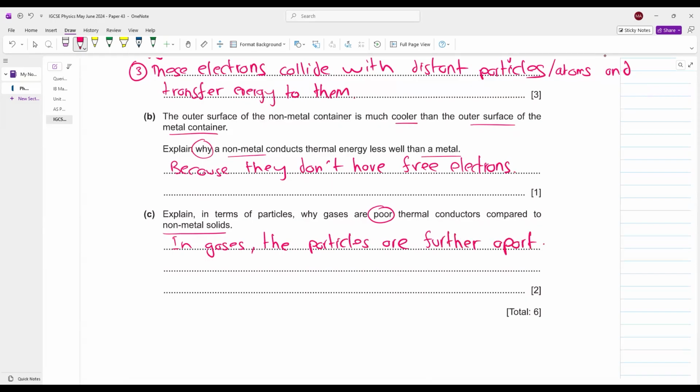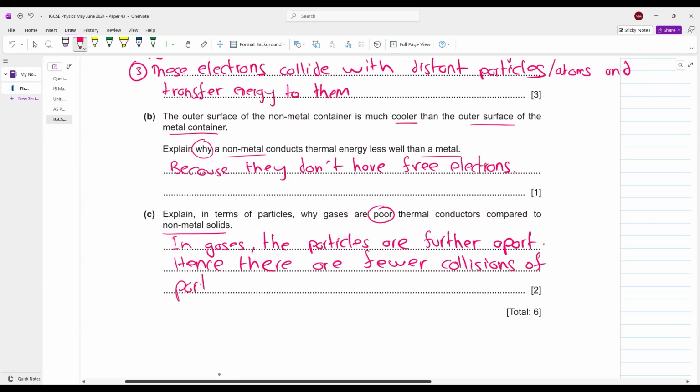Hence, the collision frequency is less. Hence, there are fewer collisions of particles. Simple. And let's further move ahead.